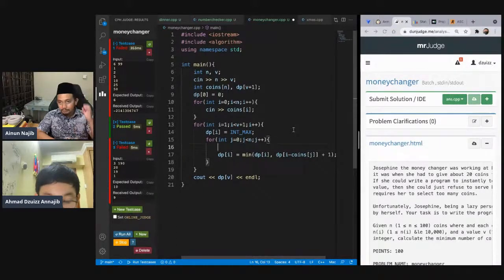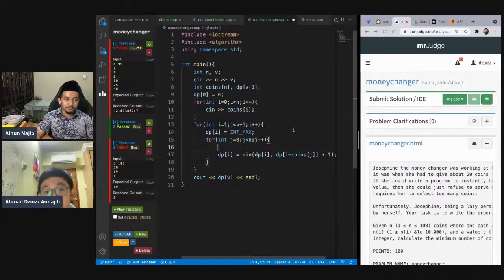So what do you need to make sure is not out of bound? Which one do you need to make sure it's not out of bound? i minus coins j. It will be out of bound if coins j is greater than i.